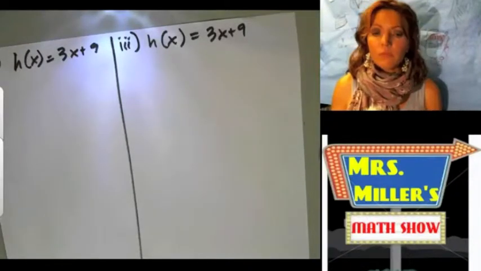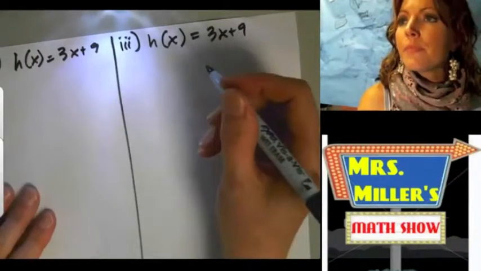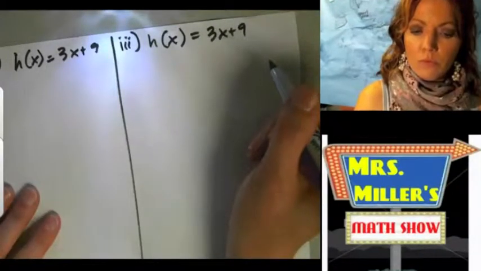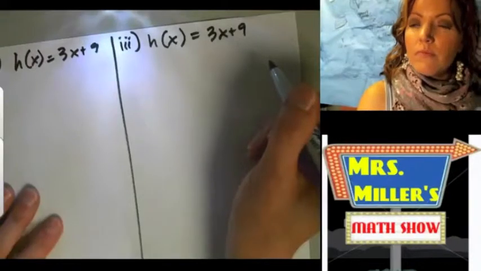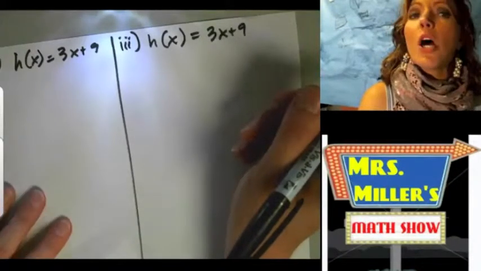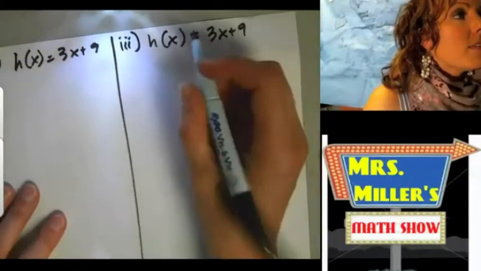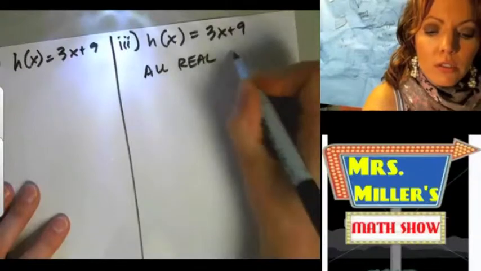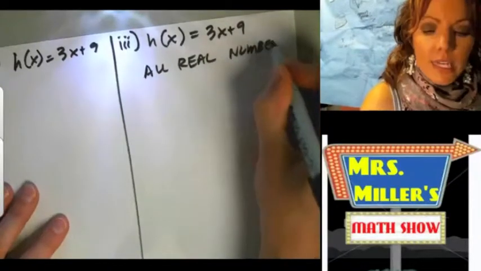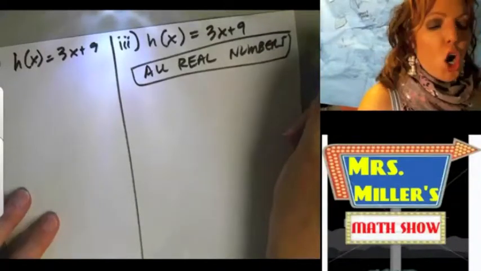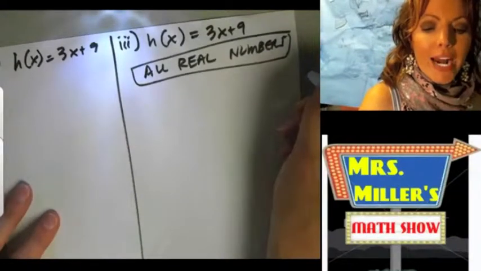Don't overcomplicate. Do we have a denominator here? No. When that's the case, the domain is all real numbers. That is the answer. Can you put ARN? Yes, you can put A-R-N for short.